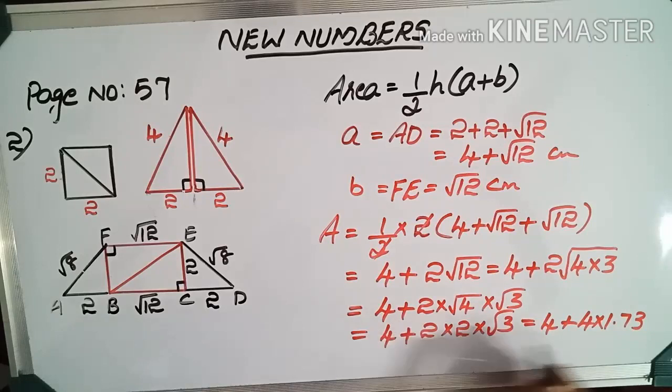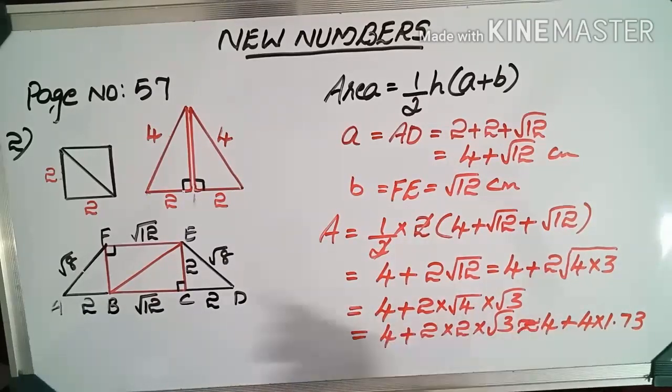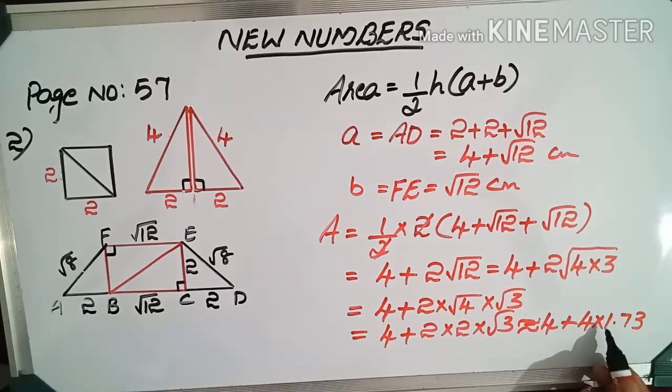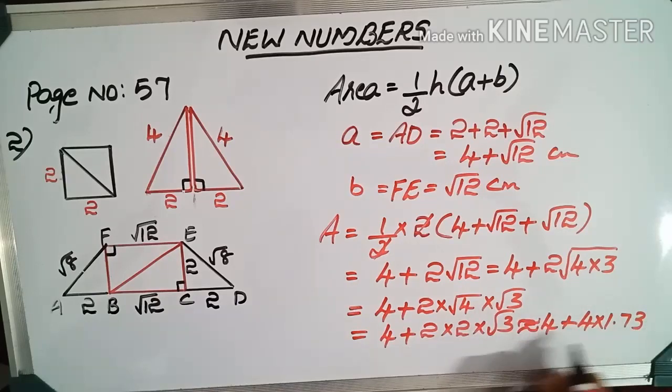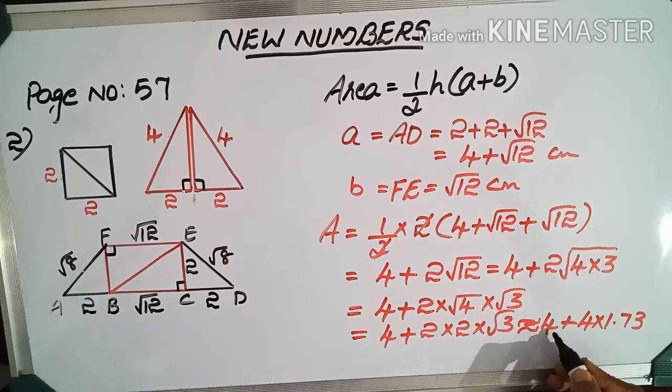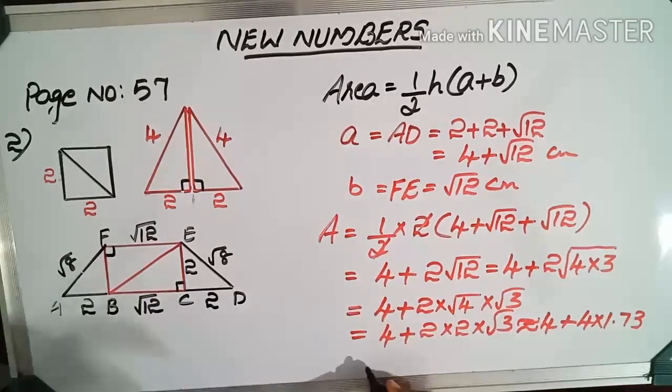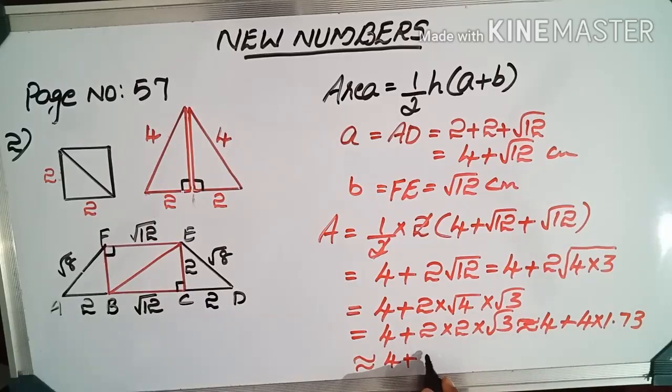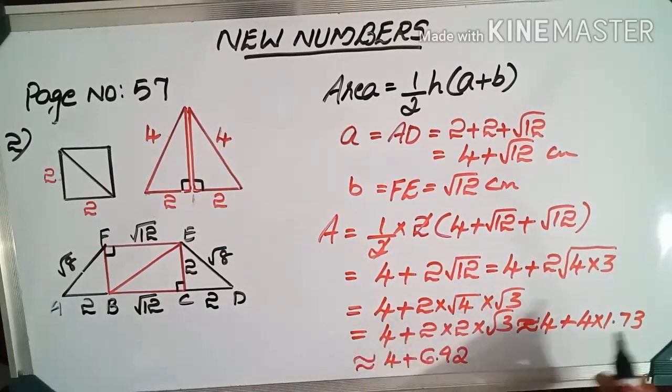The value of root 3 is 1.73, which is an approximate value. So 4 plus 4 into 1.73. Now we have to multiply 4 into 1.73 and add this 4. When you multiply these two, you will get 6.92.